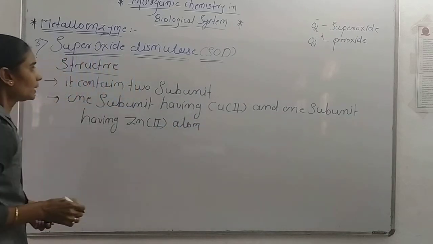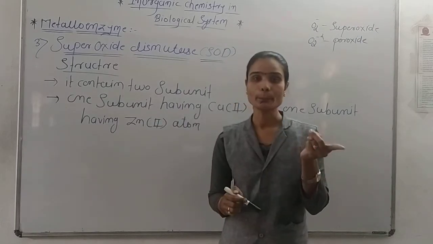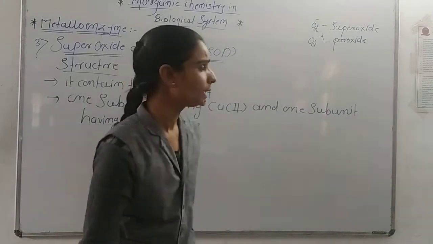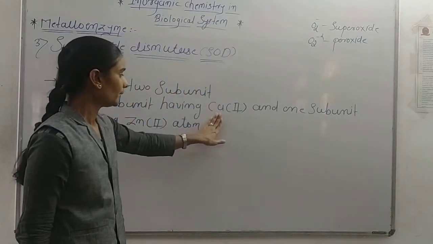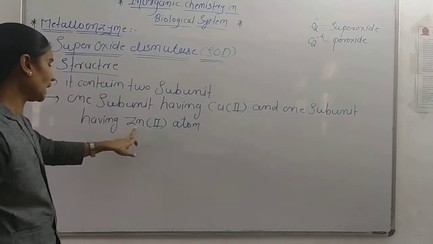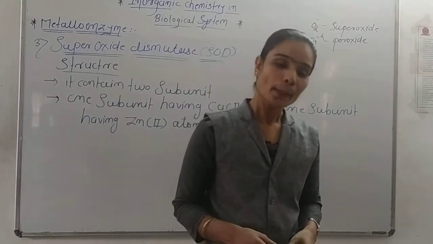In this superoxide dismutase, we already said it has two metal atoms, copper and zinc. So it has two subunits, one subunit having copper, in which the oxidation state of copper is +2, and one subunit having zinc, in which the oxidation state of zinc is also +2.